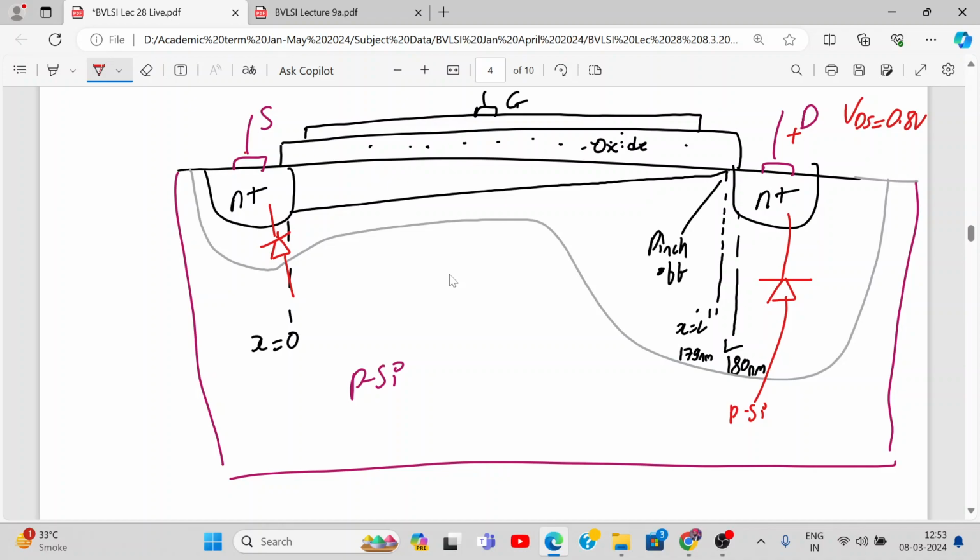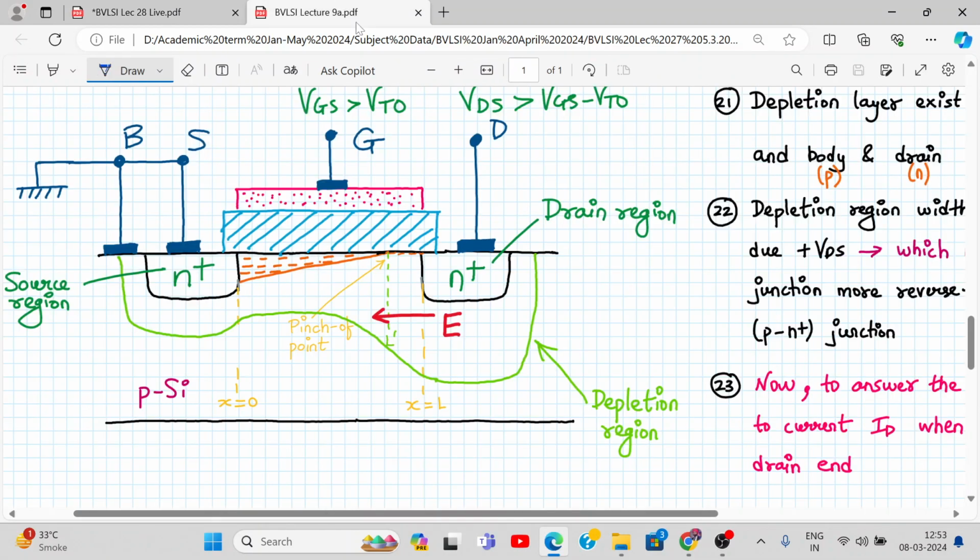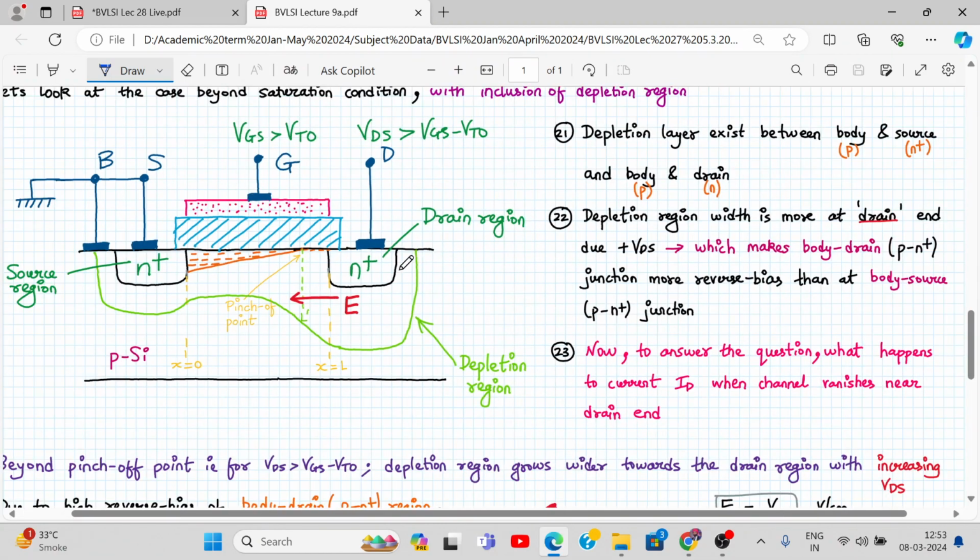So ये reverse bias हो गया ना? In reverse bias, as you increase, what happens? Depletion layer width increases, right? And something else happens. The electric field becomes very strong. So carriers come near. I'll explain now. So this is what happens.